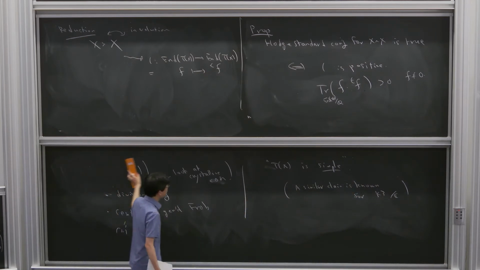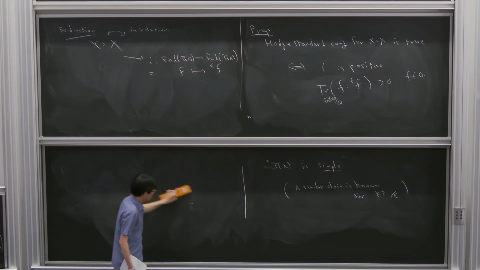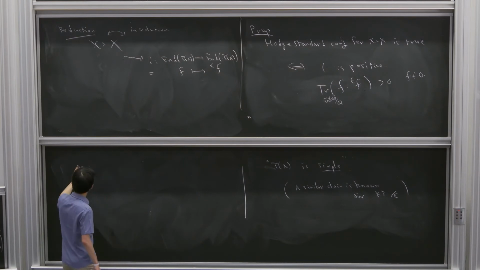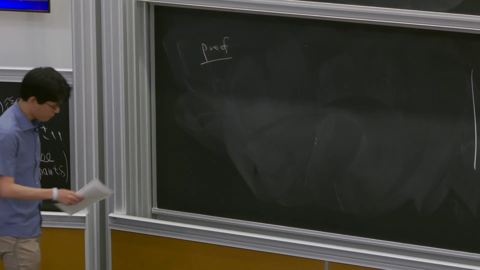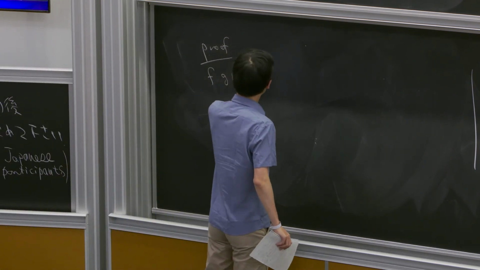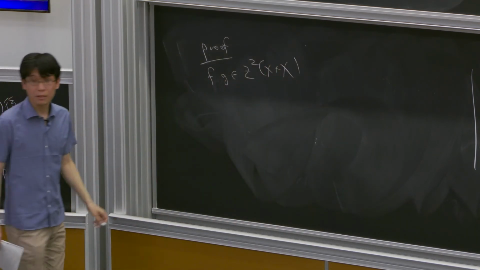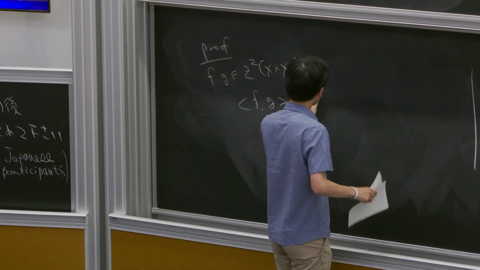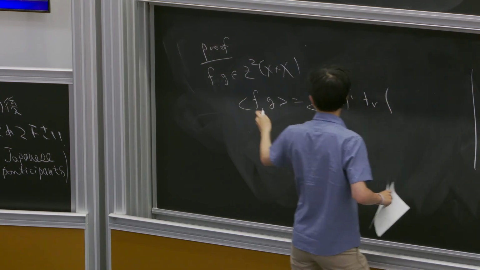And this is actually easy. There is a sort of trace formula. If f and g are two cycles on the product, then the intersection product can be written as a sum of traces. Oh, maybe I should put t here.